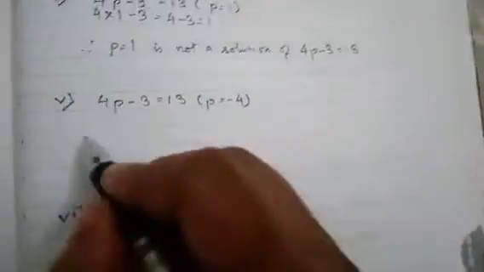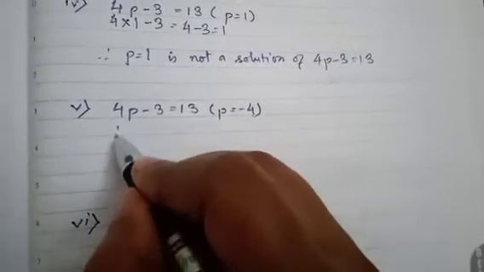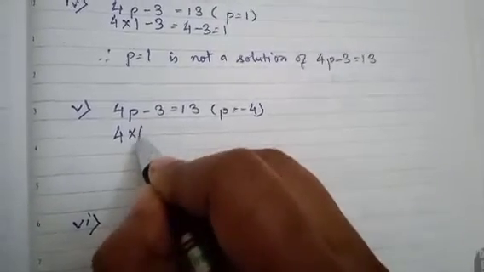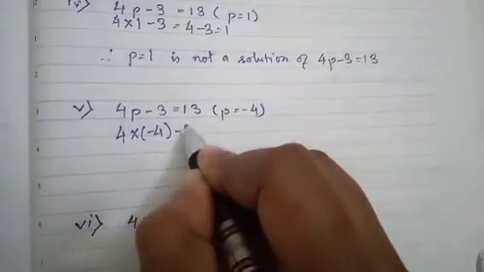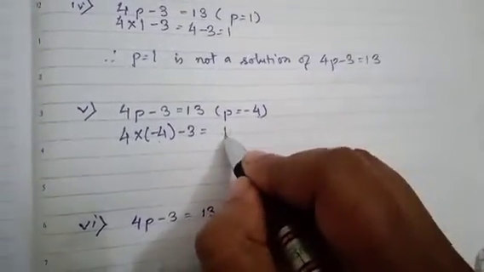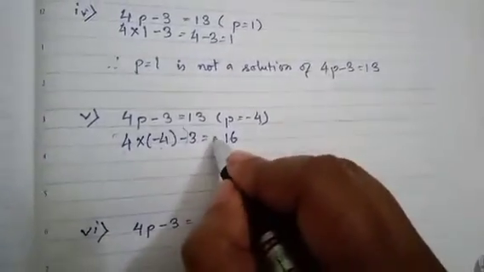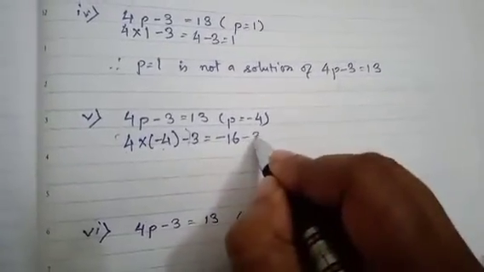Next question, where p is equal to minus 4. So I can write 4 into minus 4 minus 3 is equal to, now what is 4 into 4? 16. But as there is only one minus sign here, I will put minus 16 and minus 3.